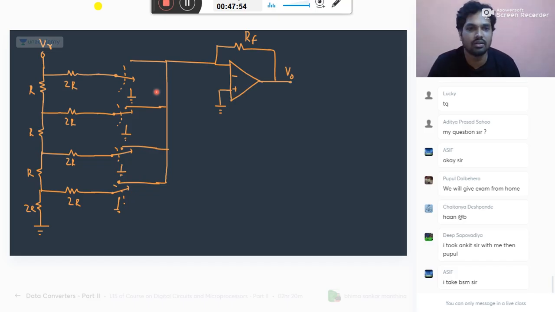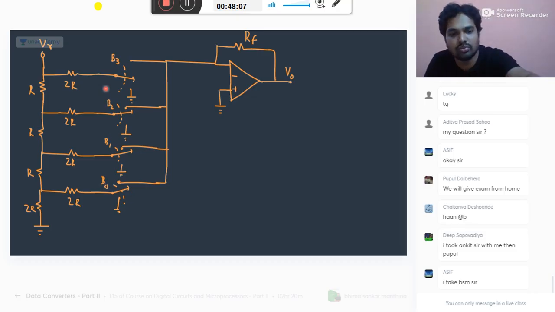Okay, then this is bit 3, bit 2, bit 1, and bit 0. So these are the switches. Now this is ground, 0 volts. This is also ground, 0 volts. All grounds are connected.